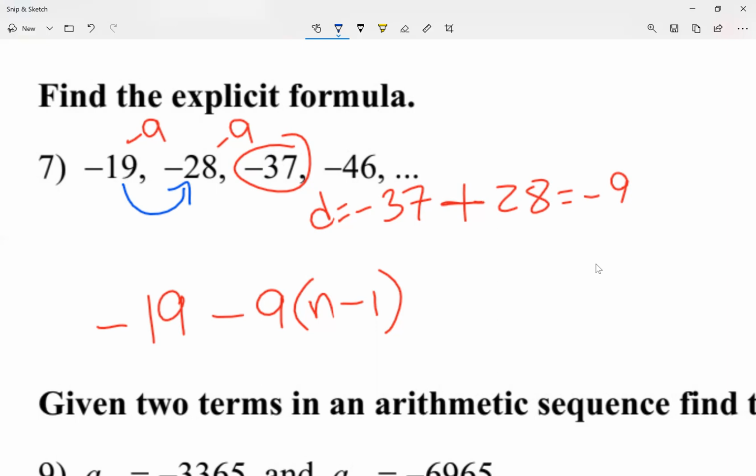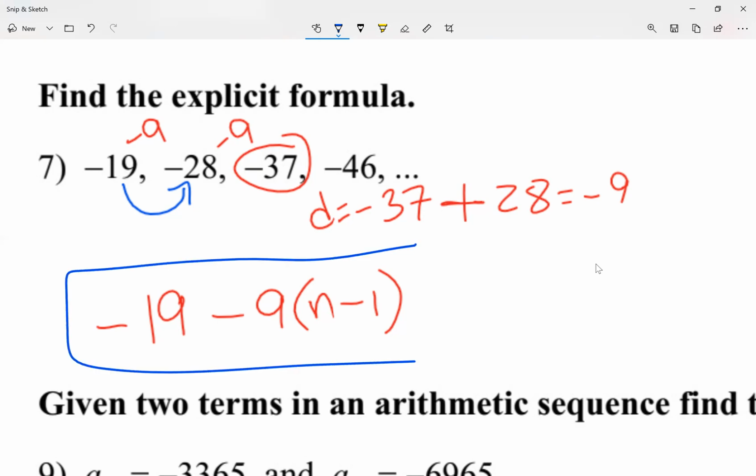If I want the 10th number on the list, I subtract 9 only 9 times. If I want the 25th number, I subtract 9 24 times. Again, we start from the second number, so it is always n minus 1. Now, this is my answer. Keep in mind that you are going to type everything all together, no spaces.